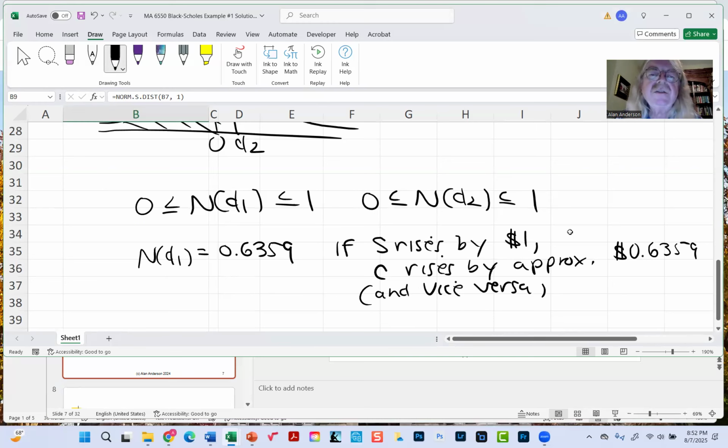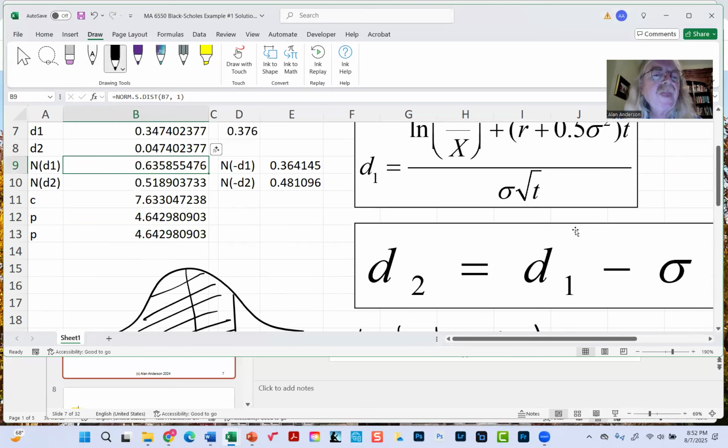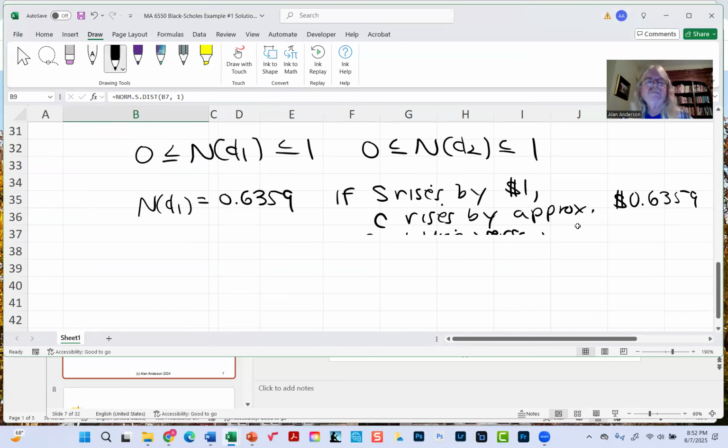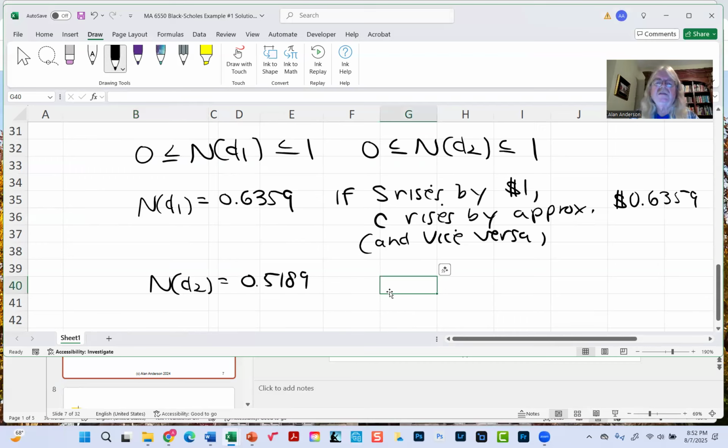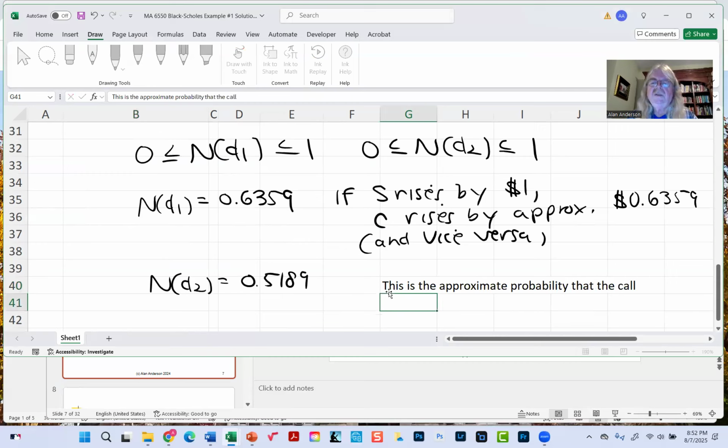And the N(d2), which in this case is 0.52189, you could think of it as the approximate probability that the call will finish in the money.